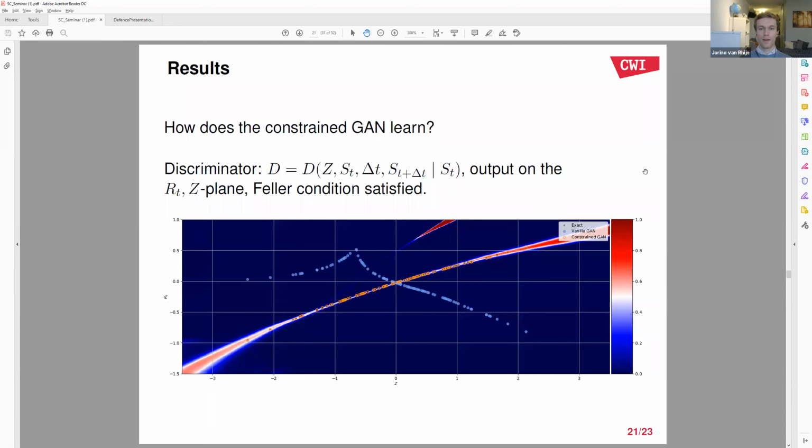So as a final result, I wanted to show you what actually makes the constrained GAN learn as opposed to the vanilla GAN. Because so far we've only looked at the generator output, but what's also interesting is to consider the discriminator output. So what I've plotted here is the discriminator output, which is a number between 0 and 1.